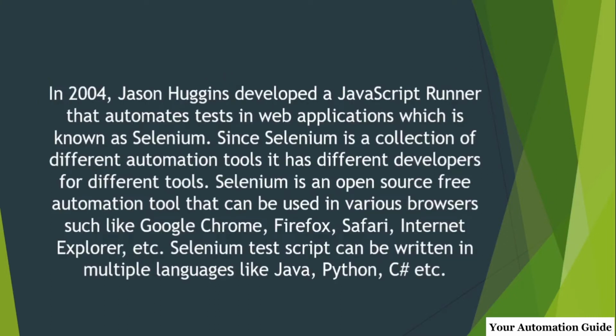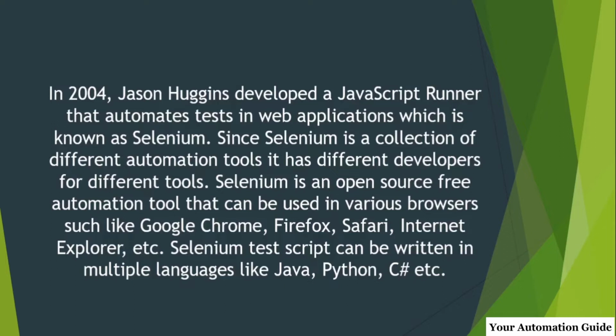So in 2004, Jason Huggins developed a JavaScript runner that automates tests in web applications, which is known as Selenium. Since Selenium is a collection of different automation tools, it has different developers for each one.